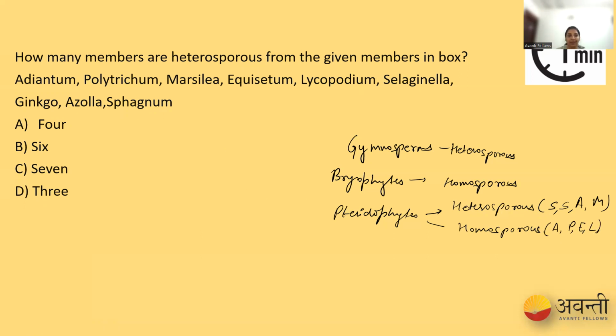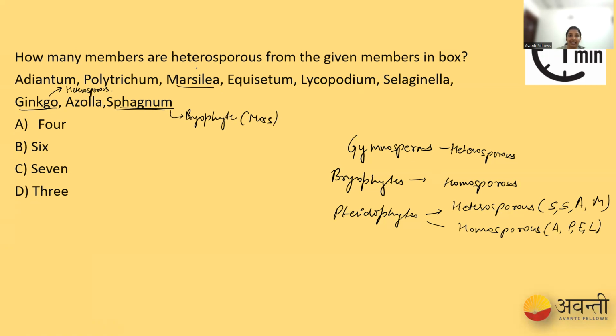Here you can see Ginkgo and Sphagnum are written. Ginkgo is a gymnosperm, which is heterosporous. I told you that all gymnosperms are heterosporous. And Sphagnum is a bryophyte, which is a moss, and all bryophytes are homosporous.